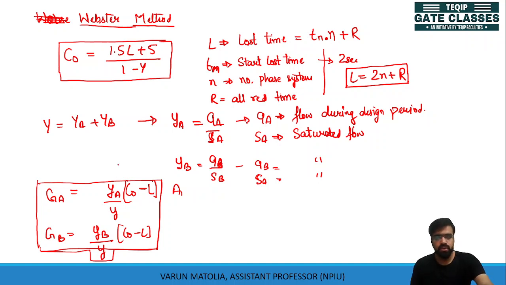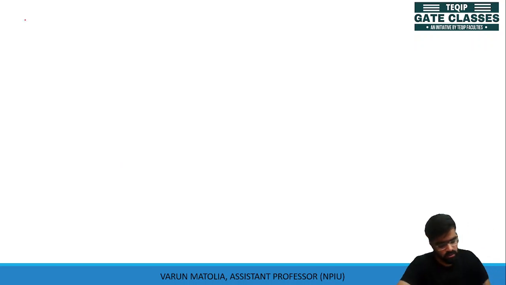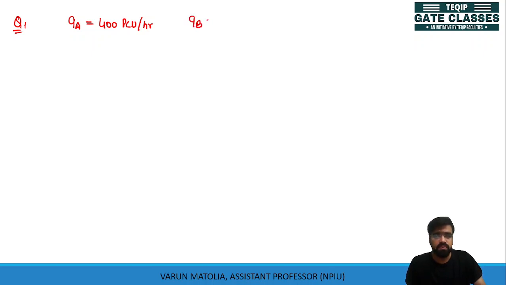Let us see one question. You are given qa, the design flow from section A, as 400 PCU per hour. Similarly, the design flow from section B is 250 PCU per hour.